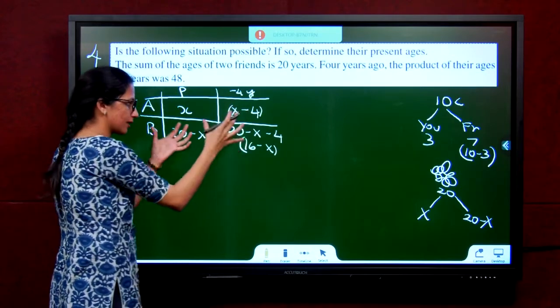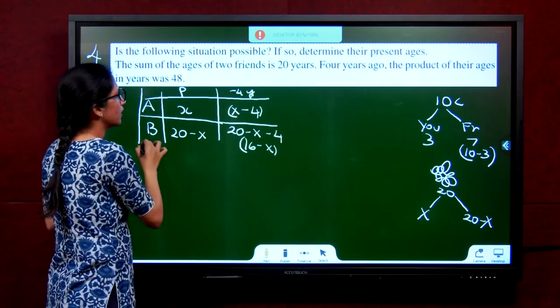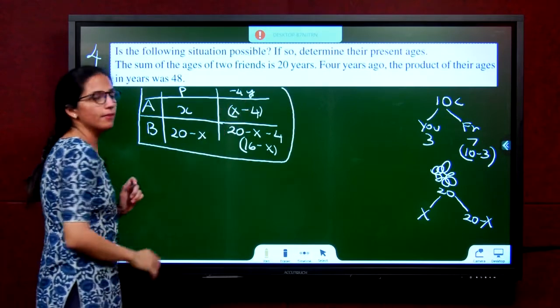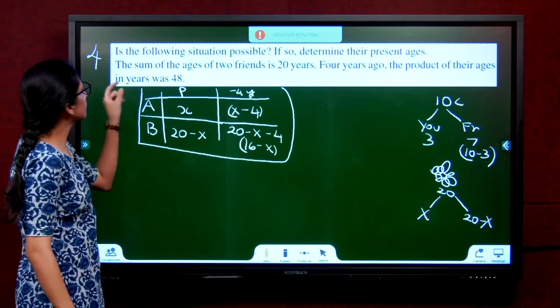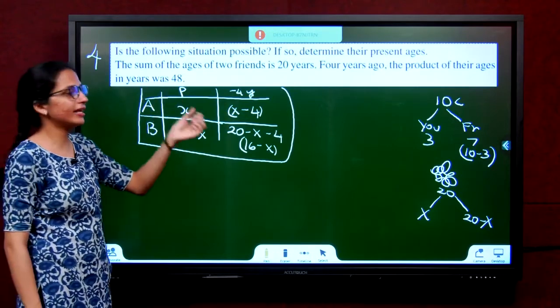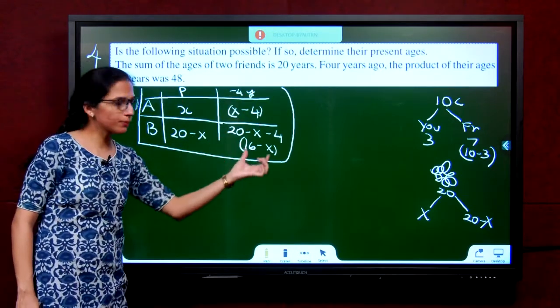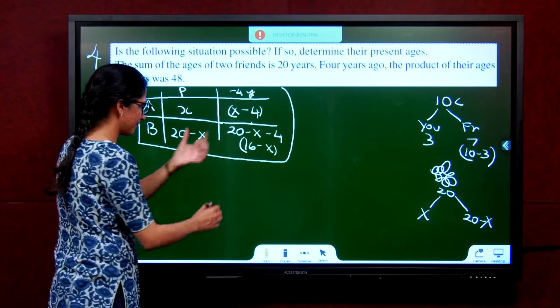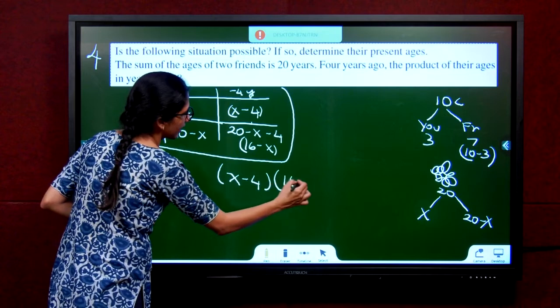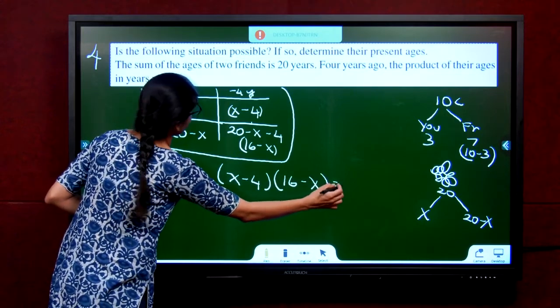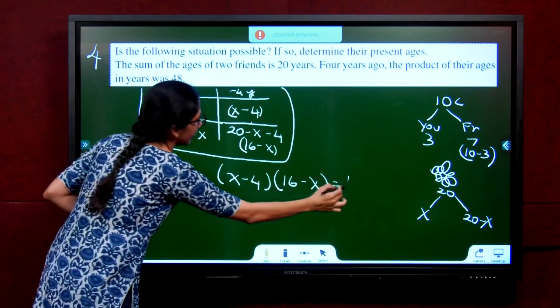Please concentrate and understand how age problems work. All of them follow the same method. Okay. So now 4 years ago the product of their ages was 48. If you multiply these two, x minus 4 into 16 minus x is how much? 48.